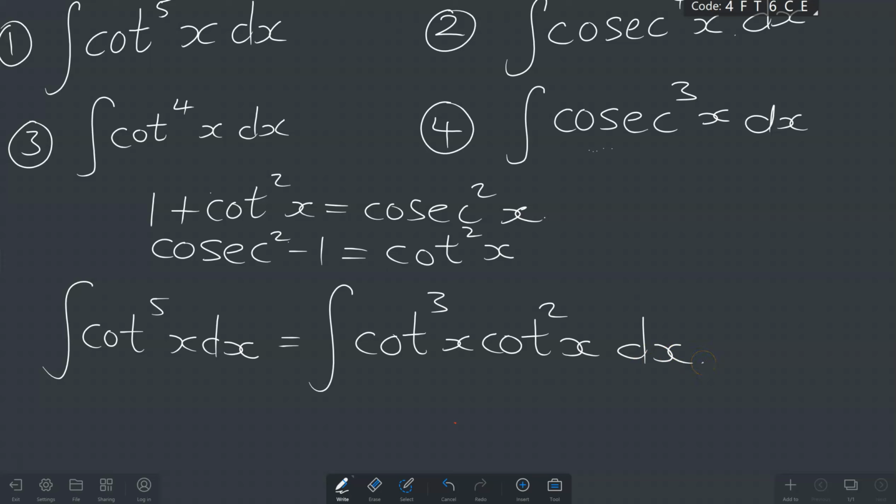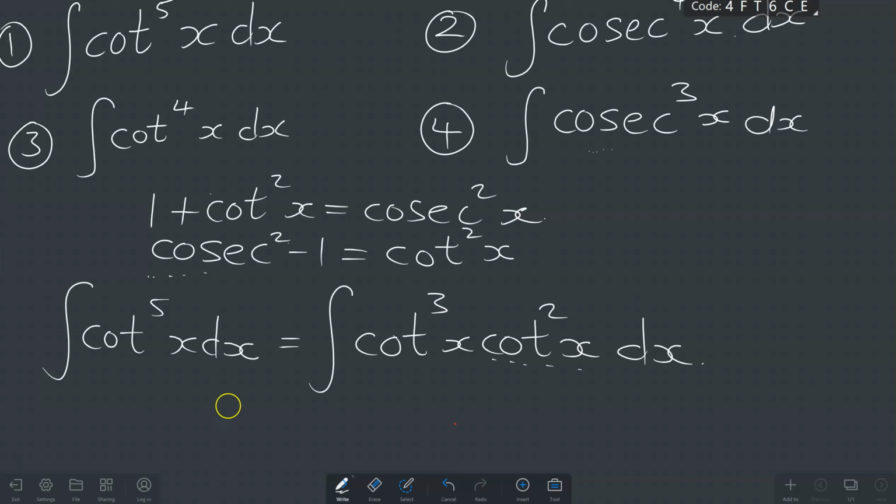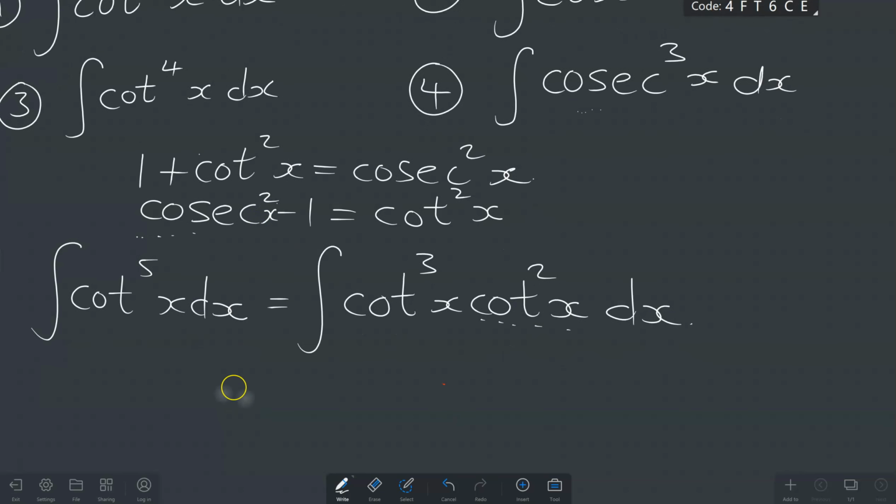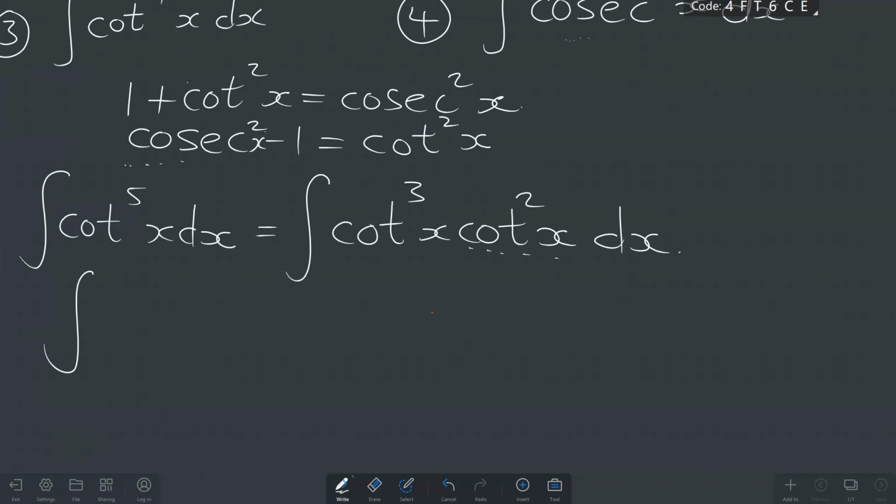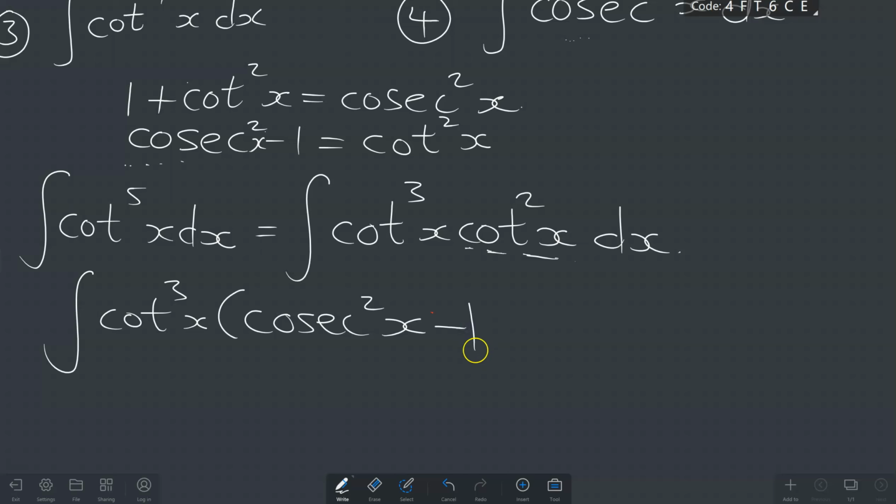The reason we do this is we want to take advantage of that identity, so we change that cot squared x into cosec squared x minus 1. So we have the integral of cot cubed of x, and where we had cot squared we put cosec squared of x minus 1, and then dx.